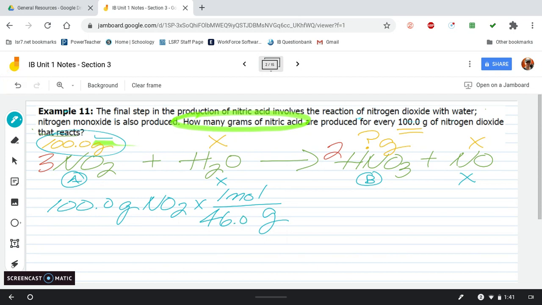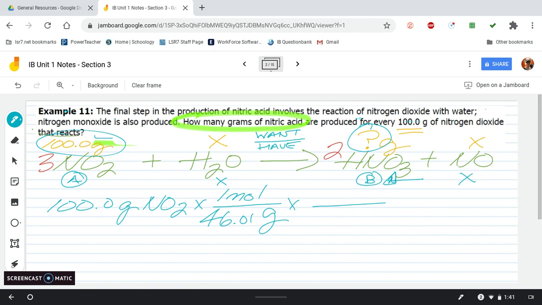And now we're going to go into the mole ratio, which is going to be the chemical we want over the chemical we have. So it's always going to be, what do you want over what do you already have? So the chemical I want is B, my question mark.